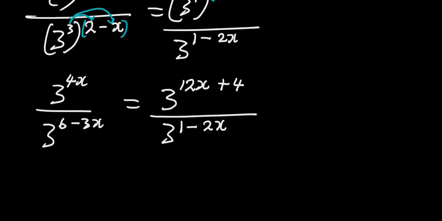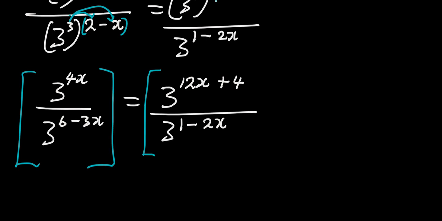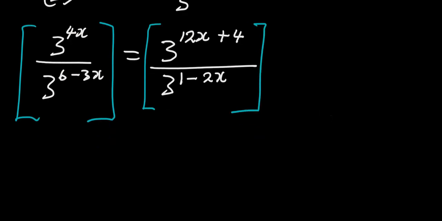So at this point, we have to focus on the left side and apply the division rule. At the same time, we are still going to focus on the right and apply the division rule.